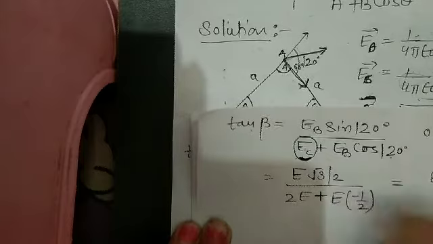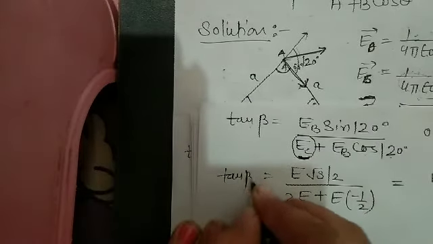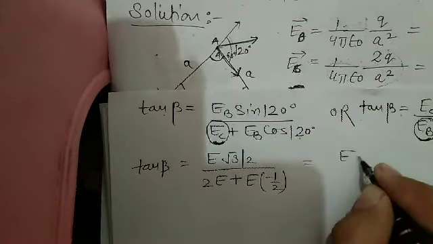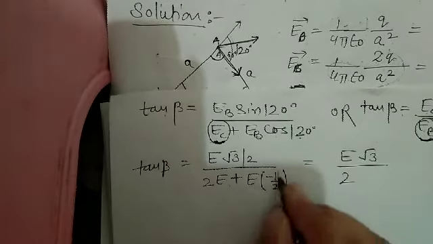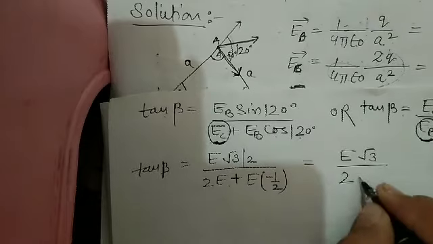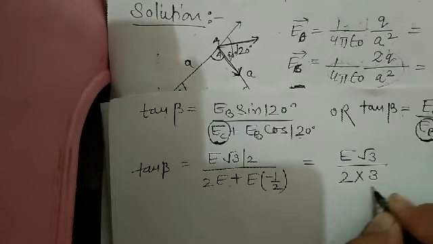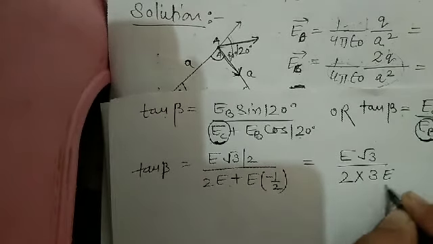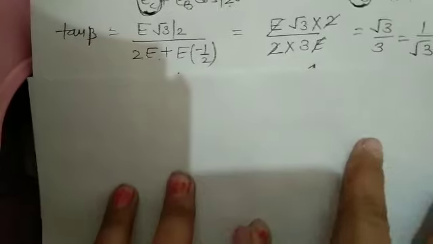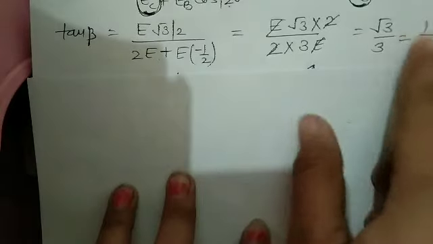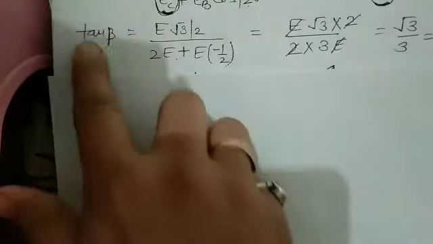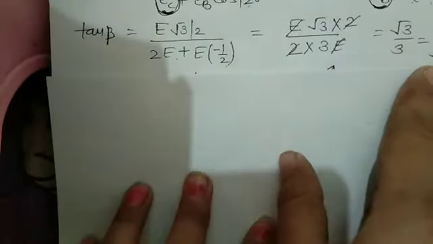So E into root 3 by 2 upon 2E minus half of E, that is equal to 3 by 2 of E. The 2 cancels. After putting the values and on cancellation, root 3 by 3, the result is 1 by root 3. So tangent beta equals 1 by root 3.